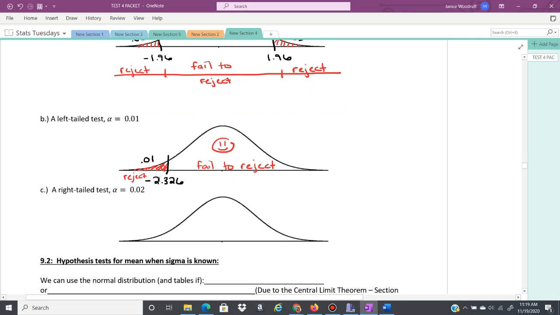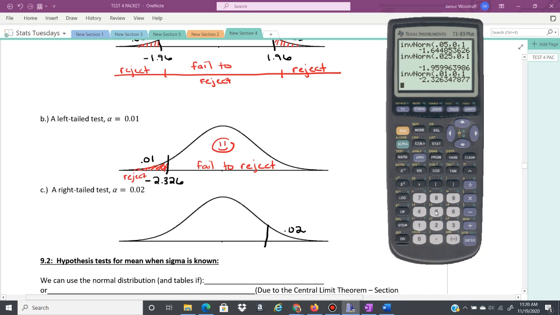If we were to do a right-tailed test, okay, so a right-tailed test, you would have 0.02 as an area. We want a z value for 0.02. So if I want the area to the left when I do inverse norm, I would just do 1 minus 0.02, which gives us 0.98. Okay, so inverse norm, 0.98, 0, and 1.